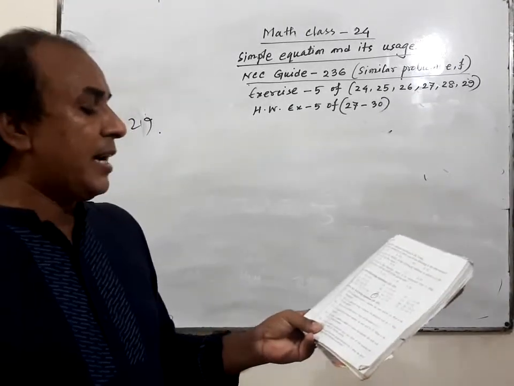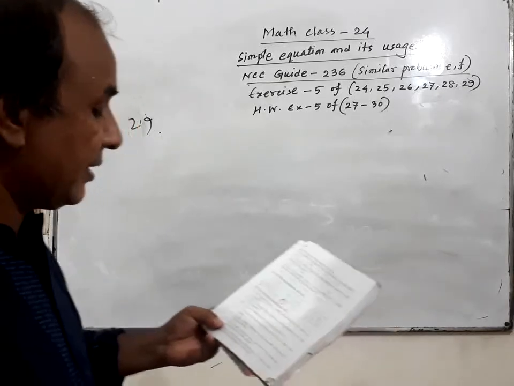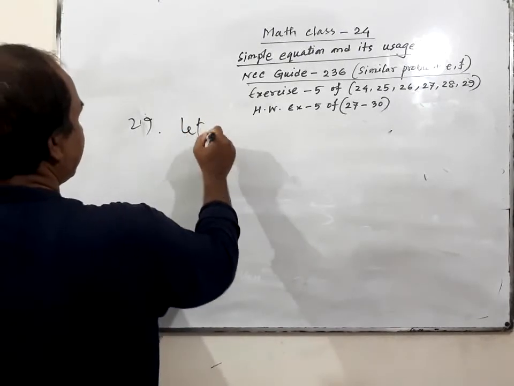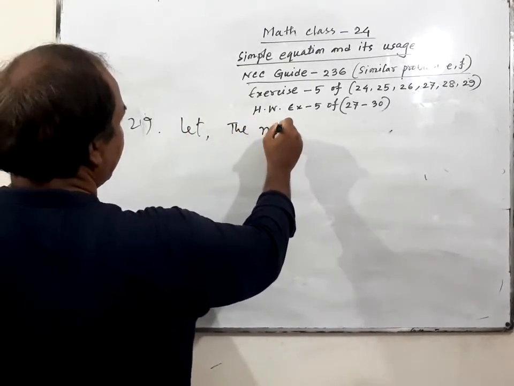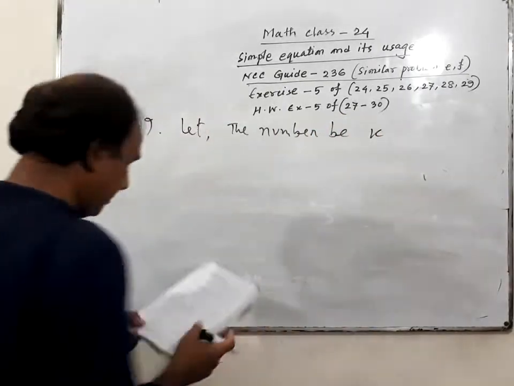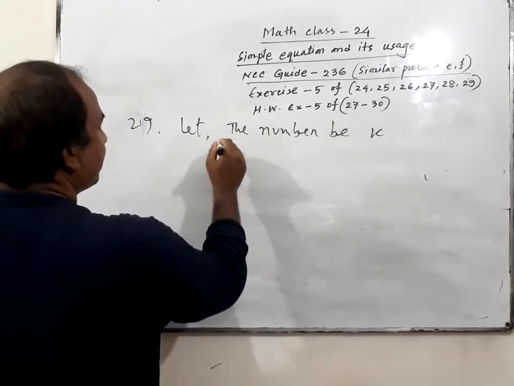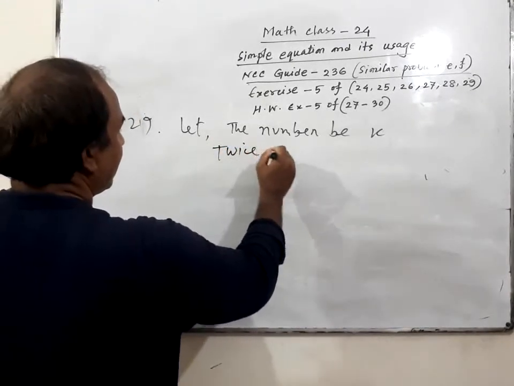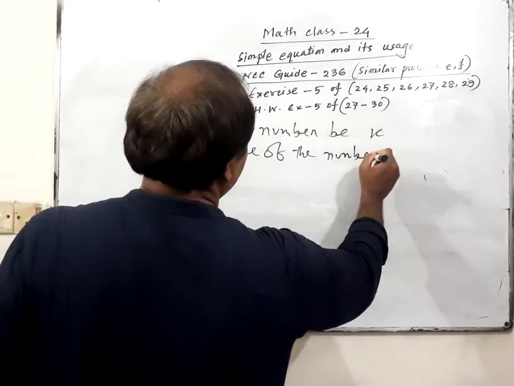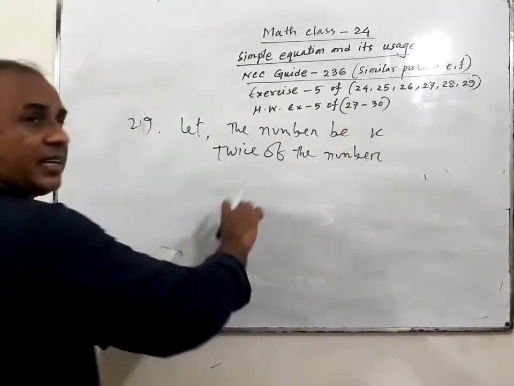29. If twice of a number is subtracted from 4 times of a number, the difference will be 24. Let the number be x. Twice of a number, twice of the number. I didn't write a number because the number is particular here.